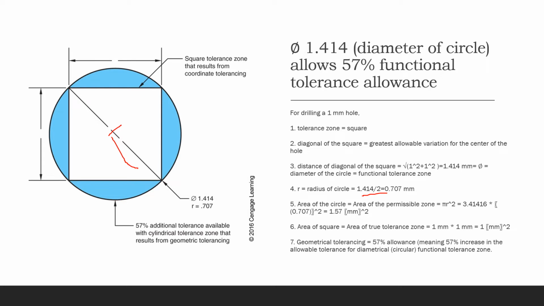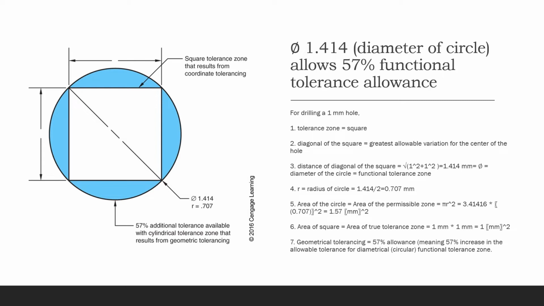If you want to get the area of the circle, all we have to do is use the radius we already calculated. Square it, and then multiply by pi. Pi is 3.14159. If you use a calculator, you don't have to type this, there's a button for pi.